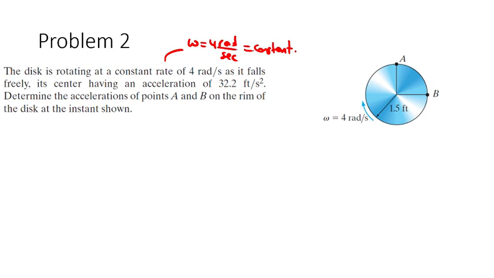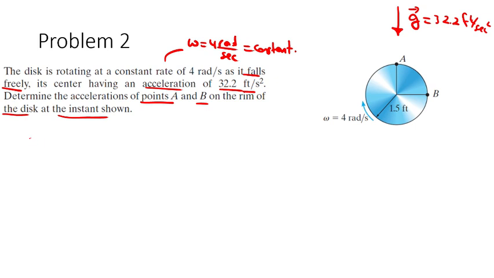And it falls freely with an acceleration of, let me say this is g, that is 32.2 feet per second squared. Determine the accelerations of points A and B on the rim of the disk at the instant shown.